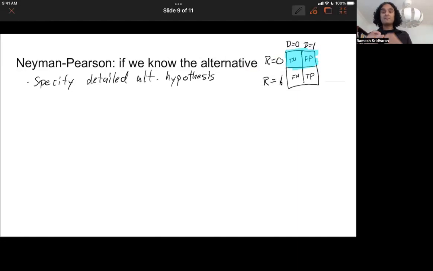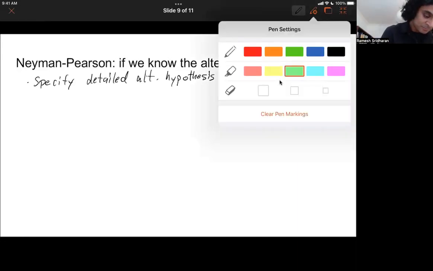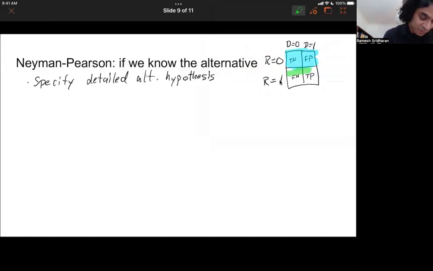I'm going to say the difference in means between the two groups is like 3.5, or the mean of this is not just 0, it's like 7.9. So essentially what that corresponds to is fleshing out this bottom row of the table.